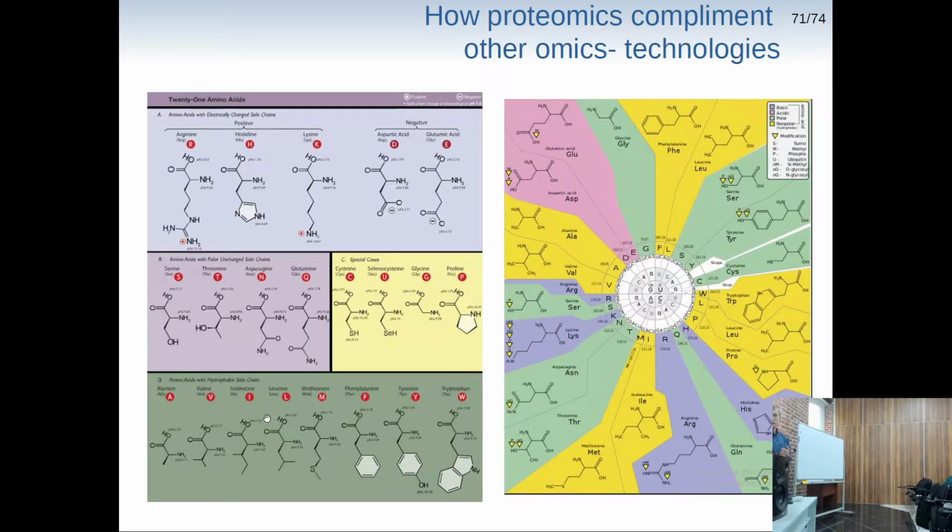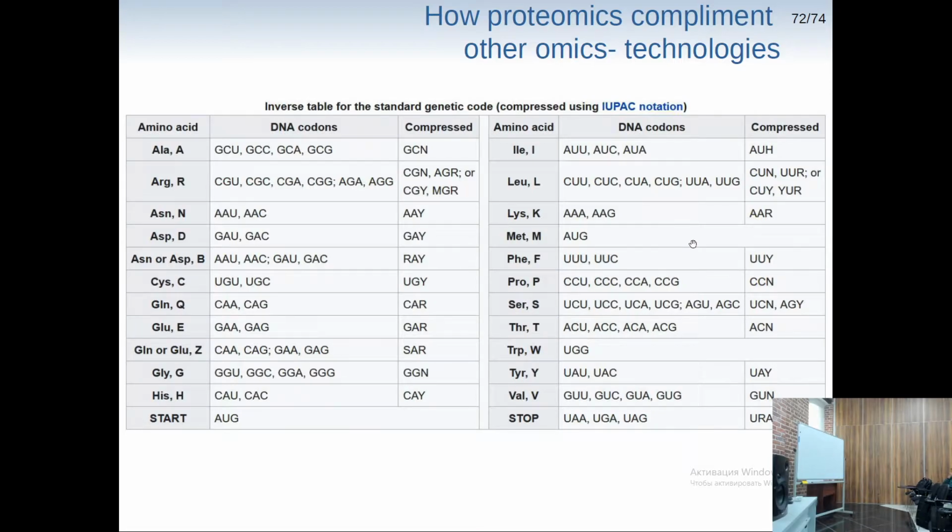You have the sequence of your amino acids here. You have a triplet here. Of course, this code is not one-to-one equal. There are more triplets than there are amino acids, but you can actually use so-called degenerate primers.